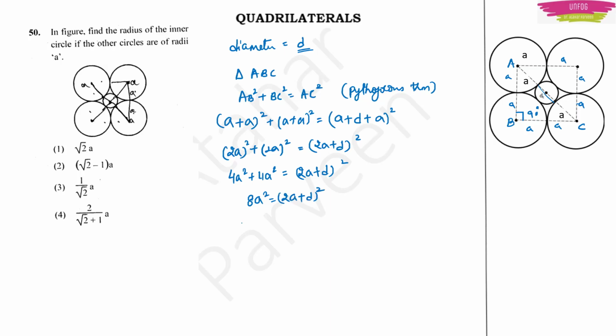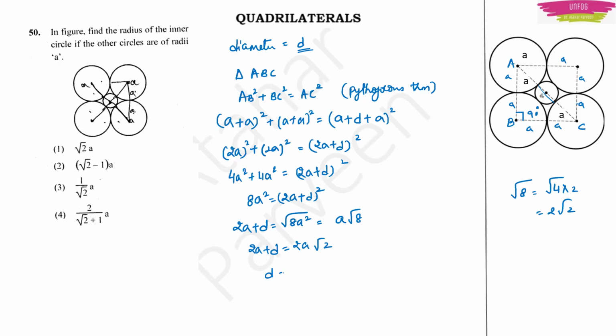I will take the square root on both sides. So this is equal to the square root of 8A square, which will be A into root 8. Root 8 will be root of 4 into 2, or 2 root 2, right? So I can write 2A plus d is equal to 2A root 2, so that you will not have any confusion.